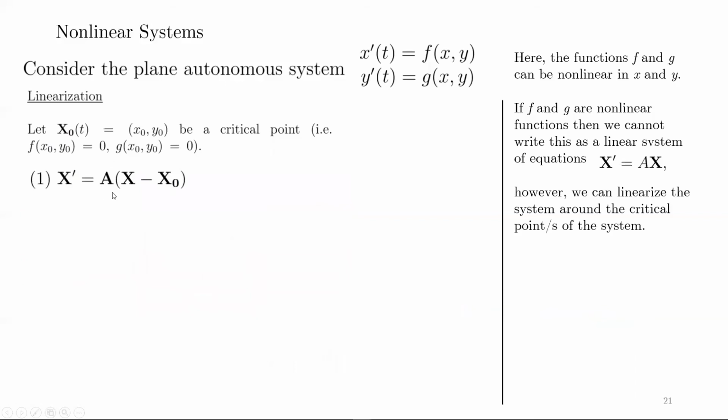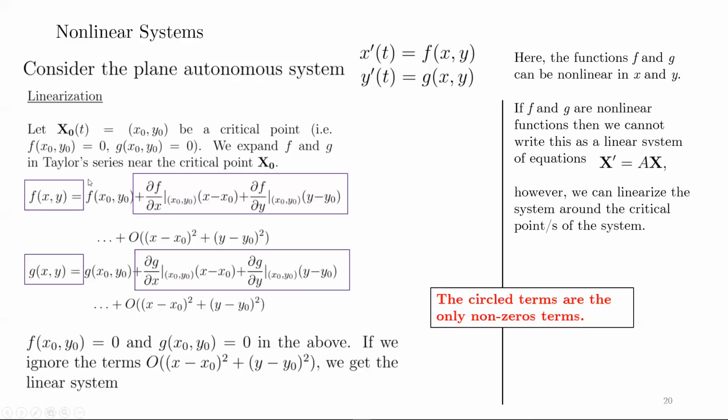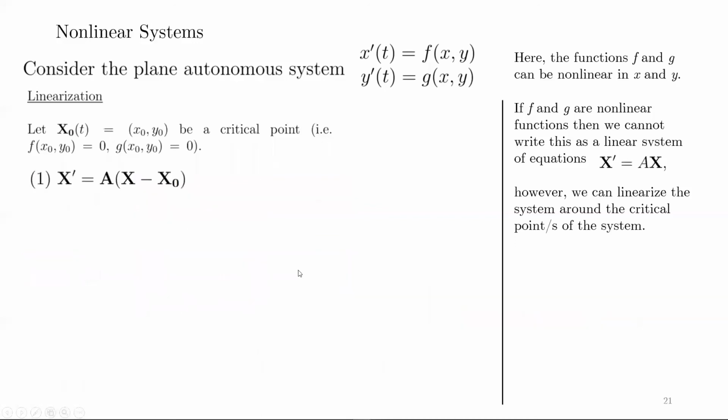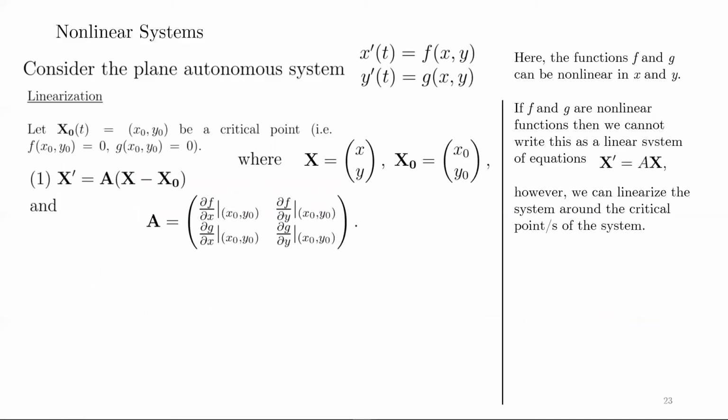And this matrix A is going to consist of these partial derivatives evaluated at the critical point: df by dx, df by dy, dg by dx, and dg by dy. So I've just expanded that here. A is equal to this matrix of partial derivatives evaluated at the critical point, x naught and y naught. And we call A the Jacobian matrix at the critical point x naught.